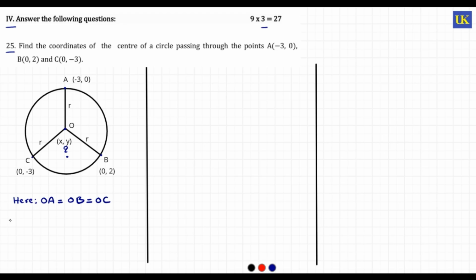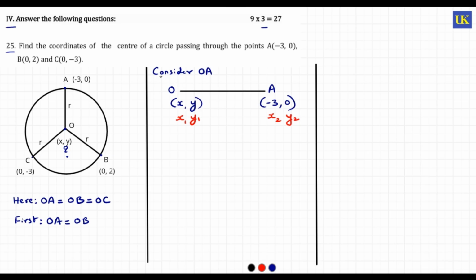So first we will solve by taking OA equal to OB, and then later we will take OA equal to OC and solve it further. Alright.